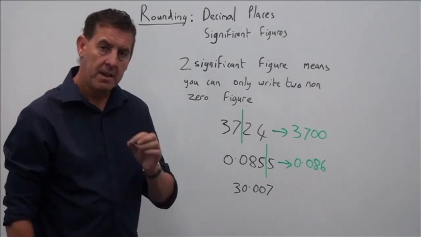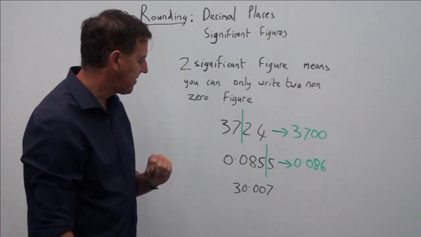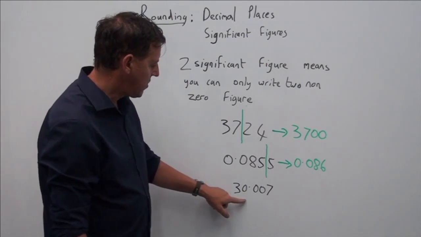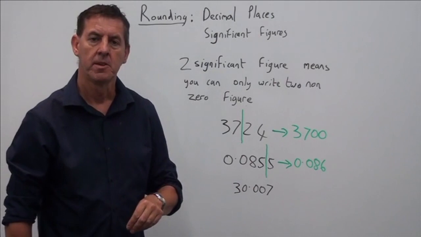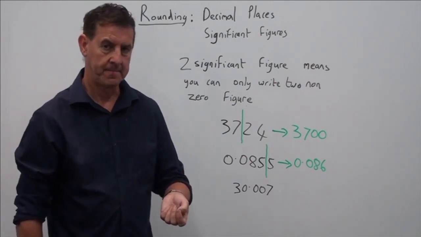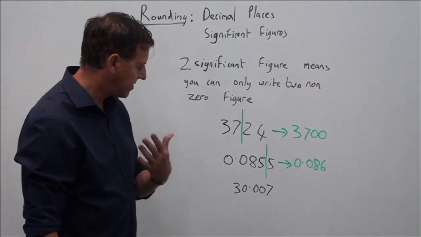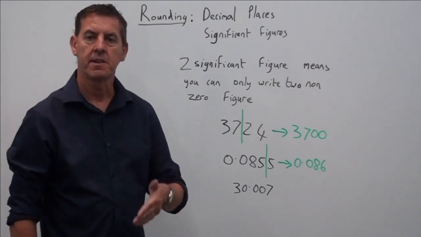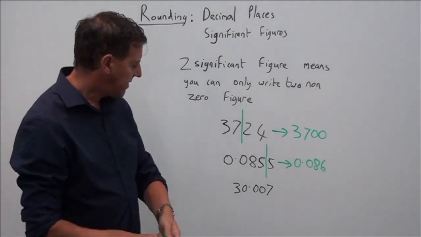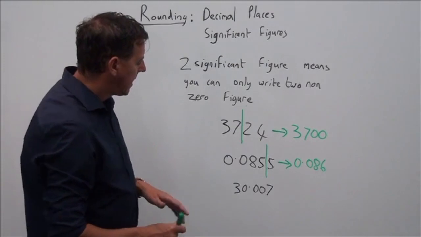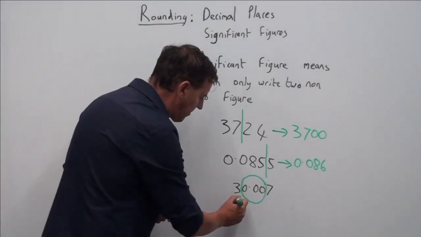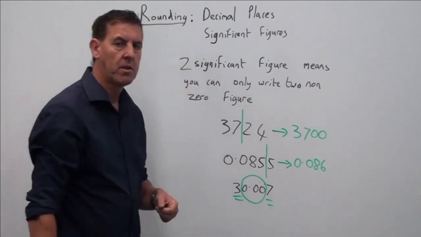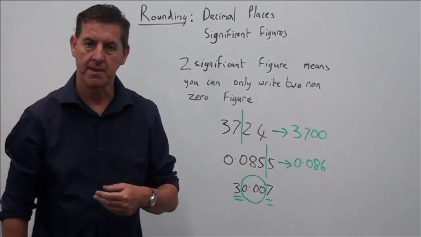Finally, there's a little bit of a catch to significant figures. This number here, you're probably thinking, has only 2 significant figures, the 3 and the 7. It hasn't. It has actually got 5 significant figures. Why has it got 5 significant figures? It's because these zeros are sandwiched between 2 numbers, which all of a sudden makes them significant.